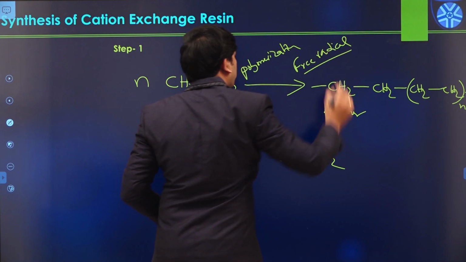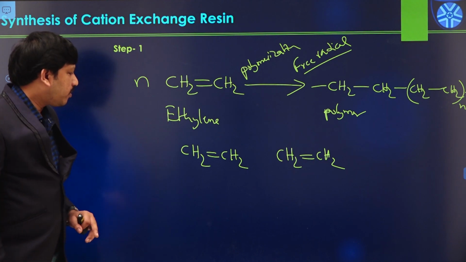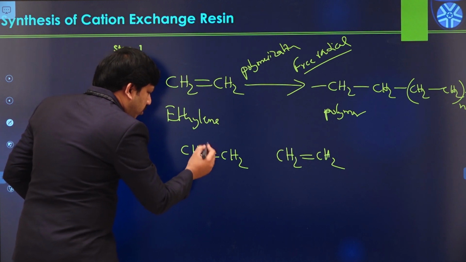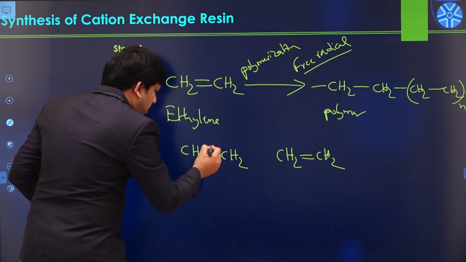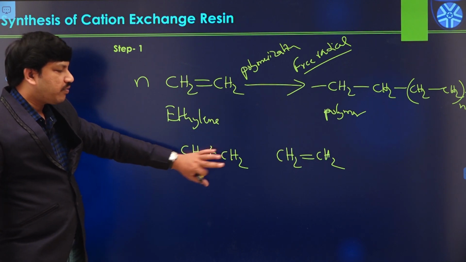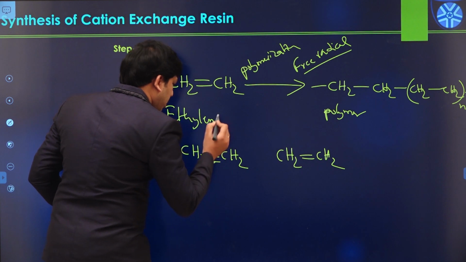Free radical polymerization process. That means in this case, first of all, in the presence of free radicals, among these two bonds, one of the bonds actually cleaves like this. There is a homolytic cleavage of one of the pi bonds, because this group actually contains one sigma bond and one pi bond.